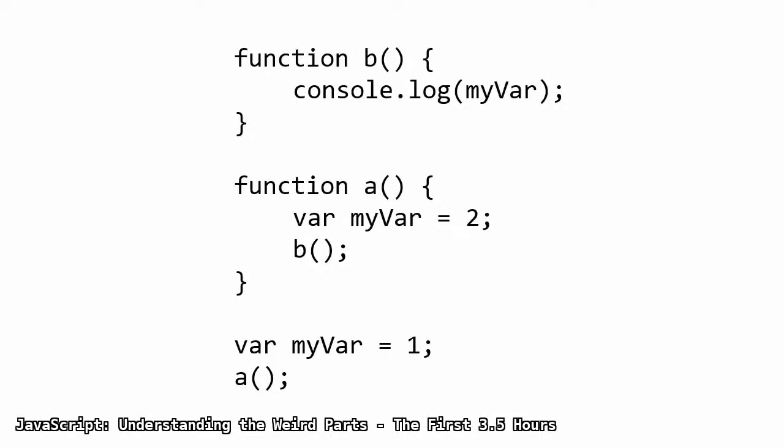That's right. So where does function B sit lexically? It lexically sits on top of the global environment. In other words, it's not inside function A. It's sitting right there at the same level as that last line where myvar equals 1.